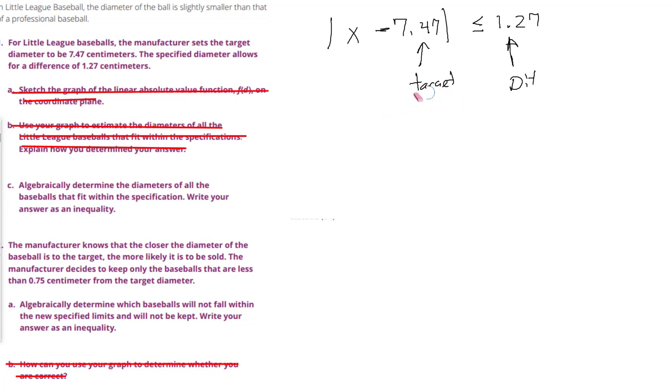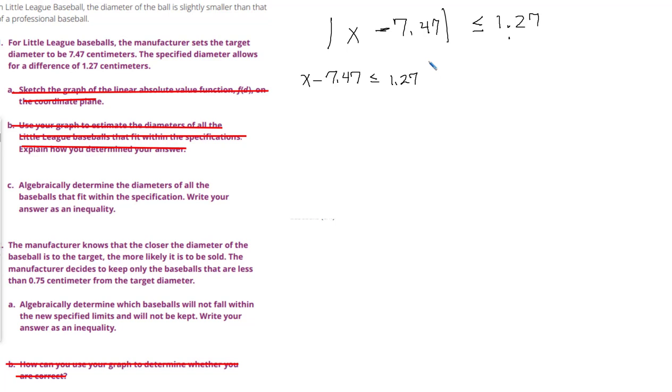We're going to focus on the algebraic, because the graph that was provided does not have a good scale for graphing. So we have the absolute value of x minus 7.47 is less than or equal to 1.27. Remember how we had the two different people, Bob and someone, I can't think what her name was, and Bob changed all the signs inside the absolute value.